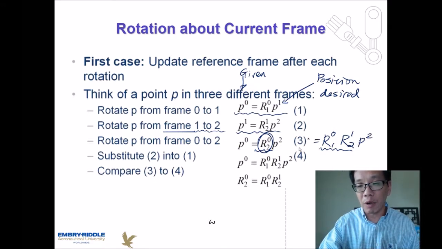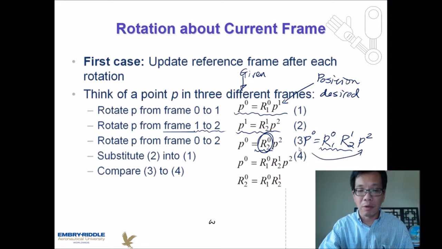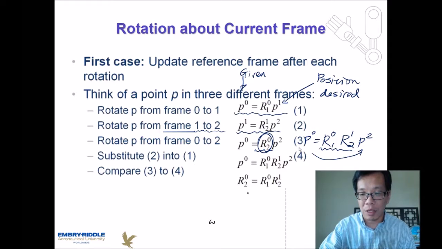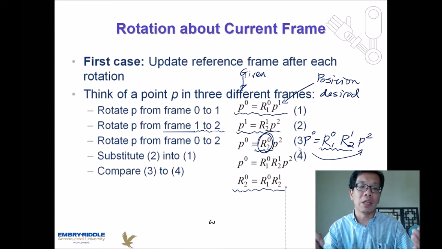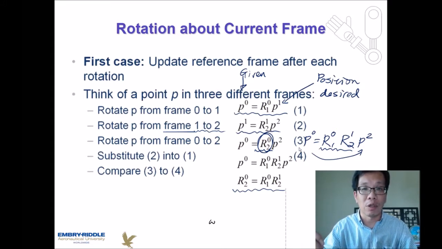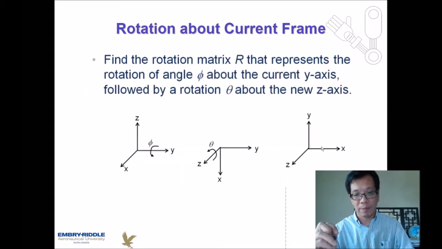That is how we describe the point converting from frame 0 to frame 2. Okay, so the transformation matrix is actually just like this. We just put everything in series, then we can find out the transformation matrix. But keep in mind, this is rotating about the current frame.